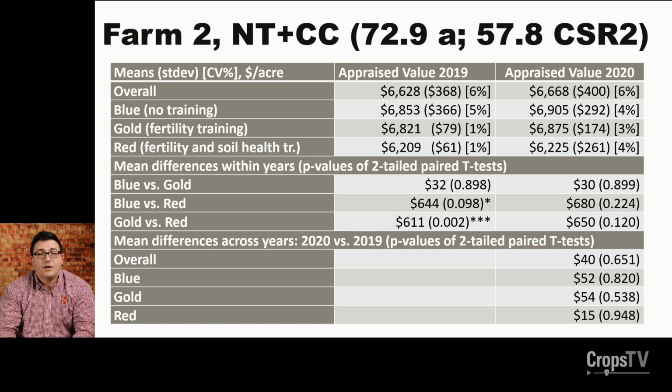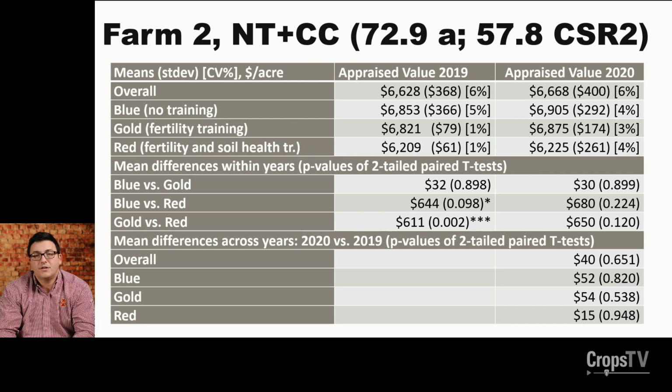When we look at the differences across teams, the red team actually assigned on average a lower appraised value than the blue team and the gold team in 2019.